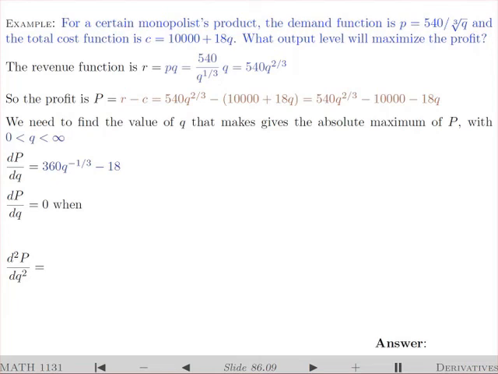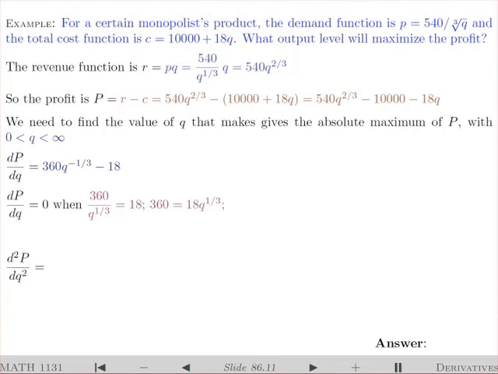So 360Q to the power negative 1/3 minus 18 is 0. If I add 18 to both sides, I get 360Q to the power negative 1/3 equals 18. Let me write that using fractions. So we get 360 divided by Q to the power 1/3 equals 18. Cross multiply. 360 equals 18 Q to the power 1/3.